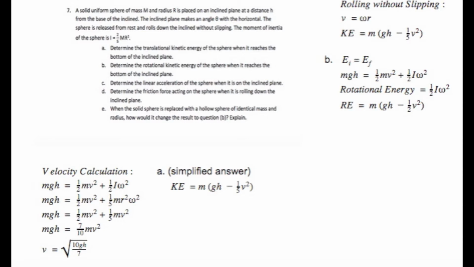Now, let's apply our velocity calculations to our answer from part A. We can see again that the kinetic energy is equal to mgh minus 1/5 mv squared.